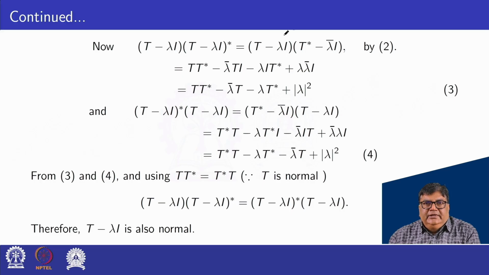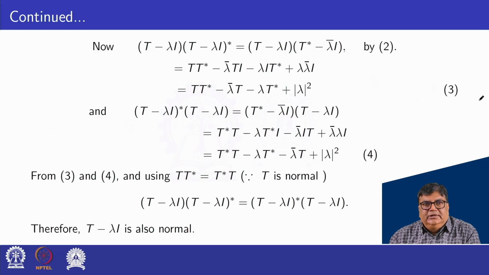Operating this on this, we have TT* − λ̄T − λT* + λ̄λ I into I, that is I. Here λ̄λ is |λ|². So the value of this is TT* − λ̄T − λT* + |λ|².